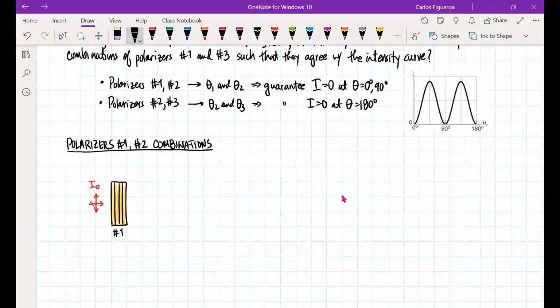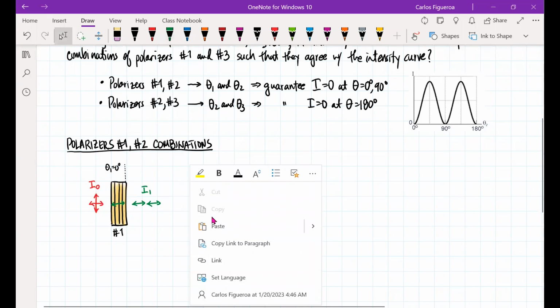Remember, everything is measured relative to the vertical axis, so theta 1 here is 0 degrees. The only light that's going to pass through is the horizontal light, like this, and that's going to come in with some intensity I1.